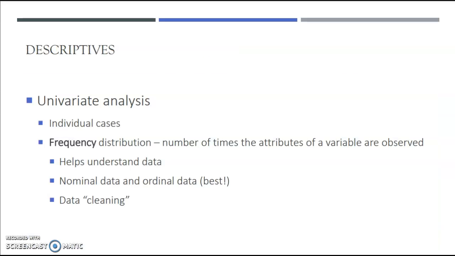A descriptive is a univariate, or one variable, analysis, meaning we are looking at the individual cases, like a frequency distribution. A frequency is how often a variable is occurring.